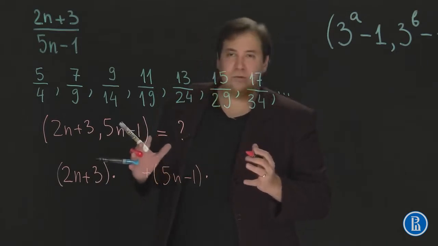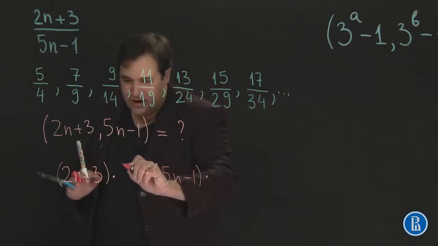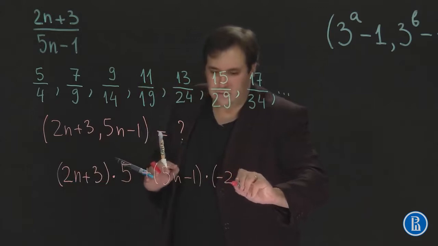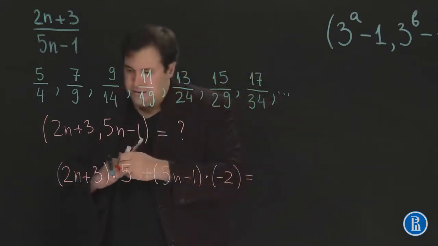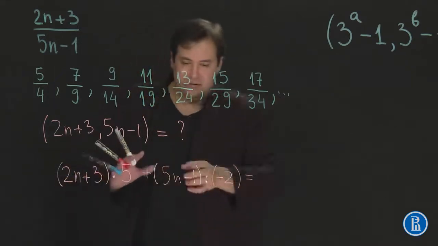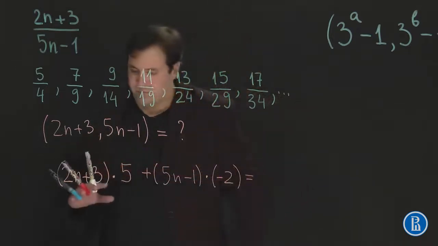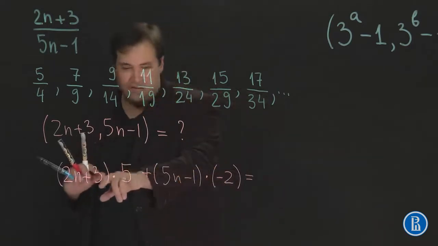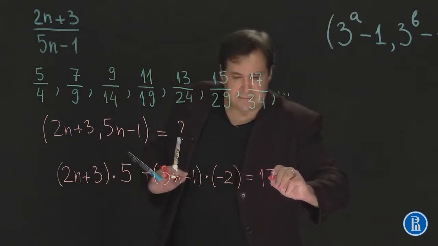Well, if we wish to eliminate n, then we could put 5 over here and minus 2 over here. This will give us, well, 2n multiplied by 5 is 10n, and 5n multiplied by 2 is also 10n, and they kill each other, and 15 and plus 2 gives us precisely 17.